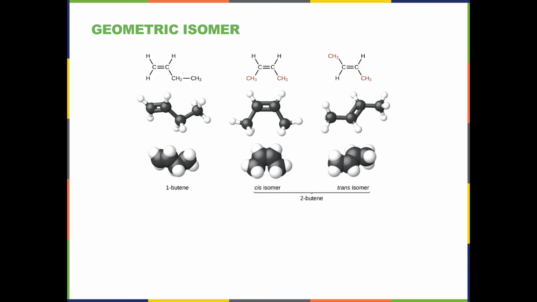And so this is cis or trans geometric isomer for butene. So the one in the middle would be called cis-2-butene, and the one on the very right would be called trans-2-butene.